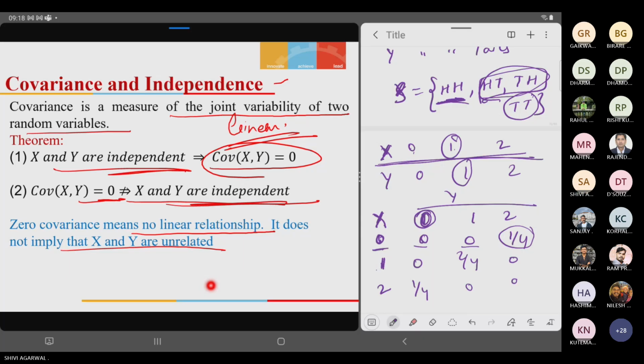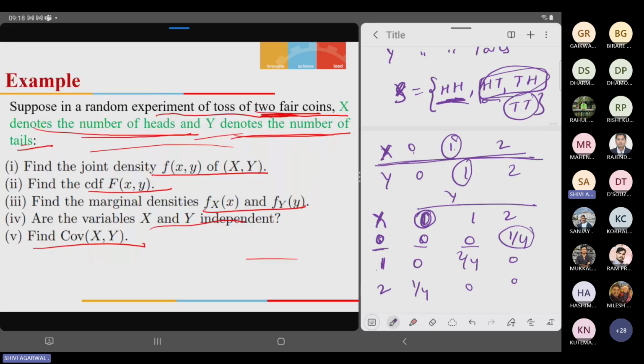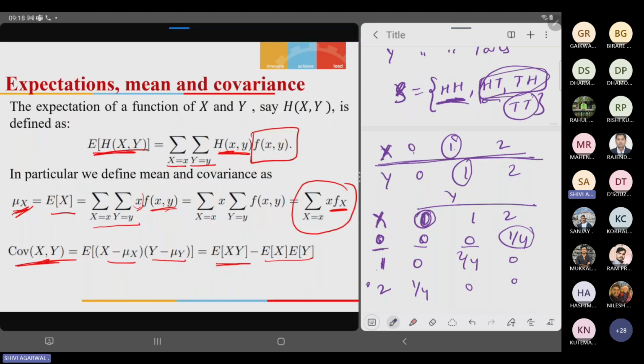Okay, so now the covariance formula, you are asking how covariance is coming here minus half. So I'm just telling you the covariance formula we have done earlier. Covariance of xy is expected value of xy minus expected value of x into expected value of y.